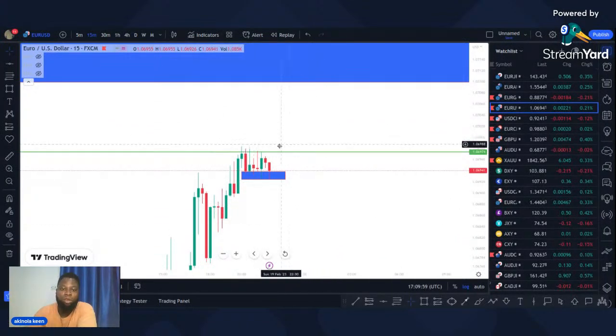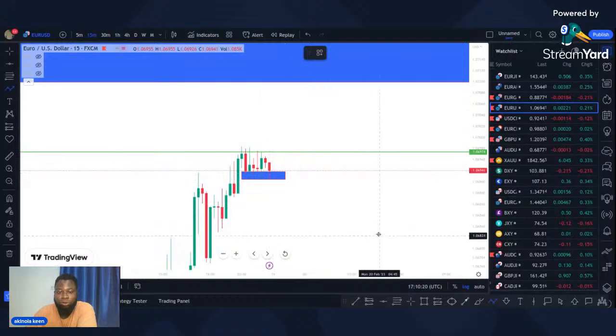You understand? So you have to be patient for price to decide which way. On the daily time frame, the market is buying, which is the general trend, and on the 4 hour time frame the market is selling, which is what is happening currently in the market.